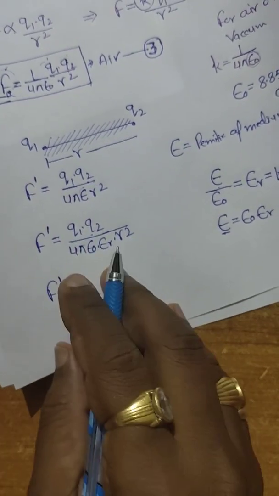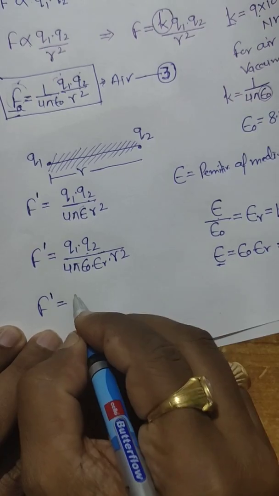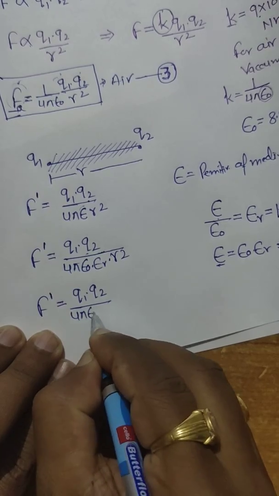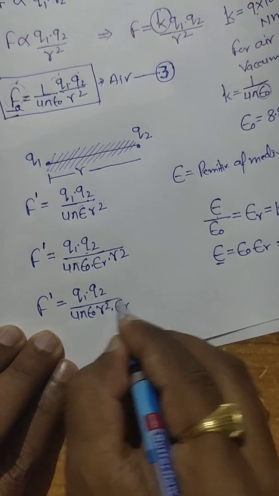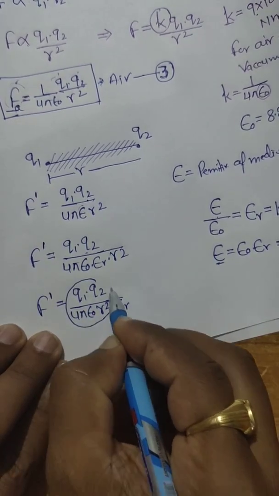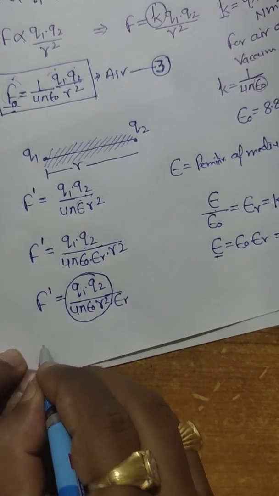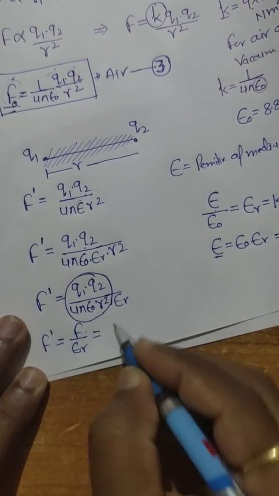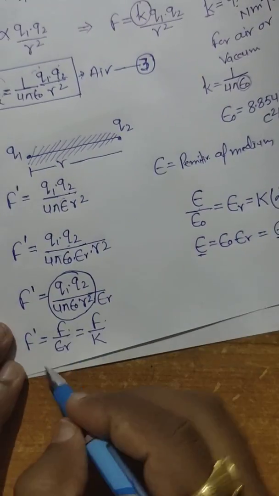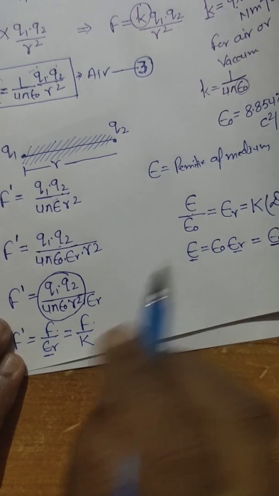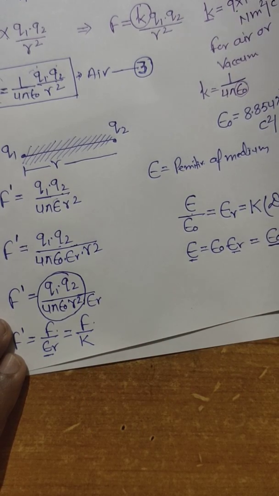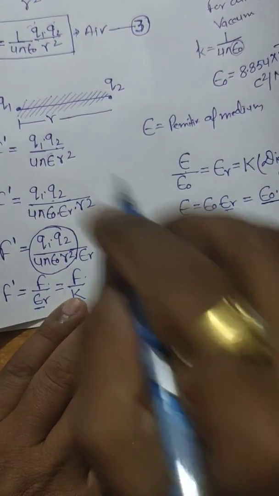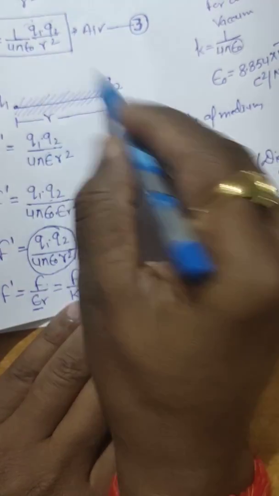This is equation number 3. So F dash is equal to Q1 Q2 upon 4 pi epsilon naught R square into epsilon R. So F dash can be written as F upon epsilon R, or F upon capital K, because epsilon R is also known as capital K, called the dielectric constant.